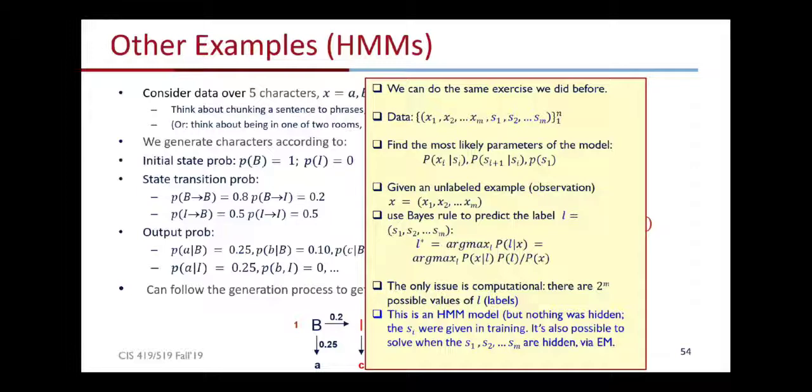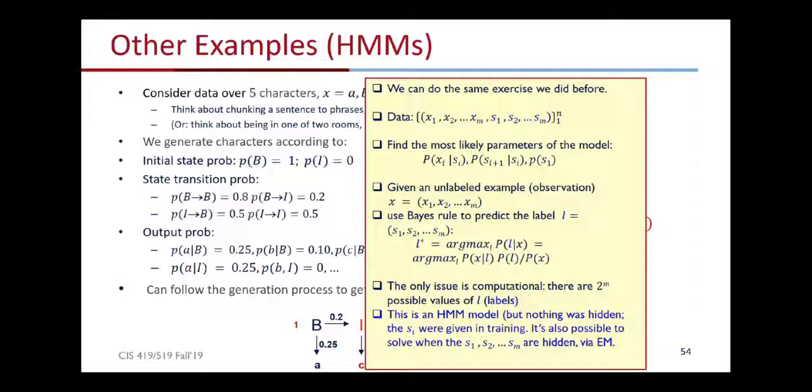These are what I call the emission probabilities, the probability of x given that you are in a state. It's the probability on this arrow here from B to A. The transition probability, the probability that you're going to move to state Si plus 1 when you are in state Si, and the initial probabilities.